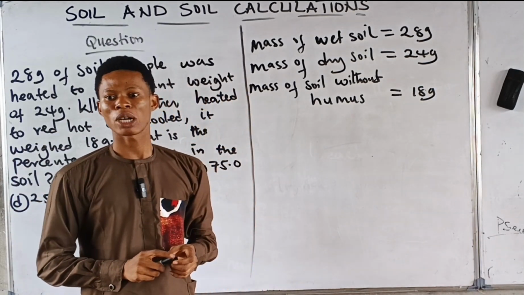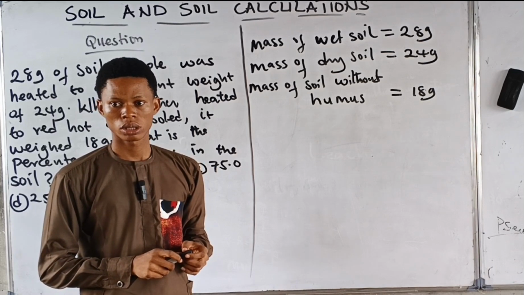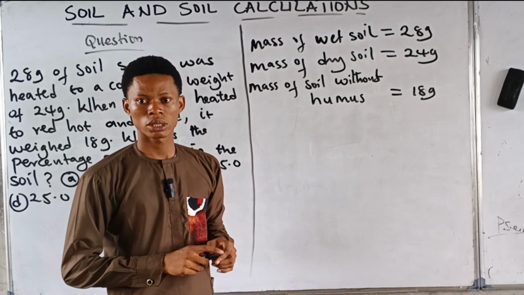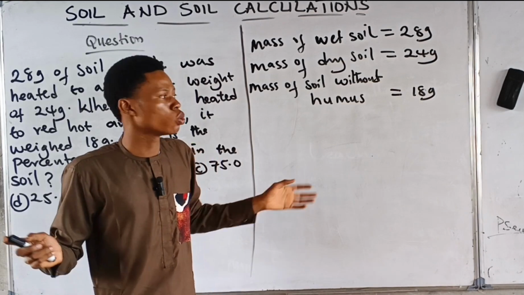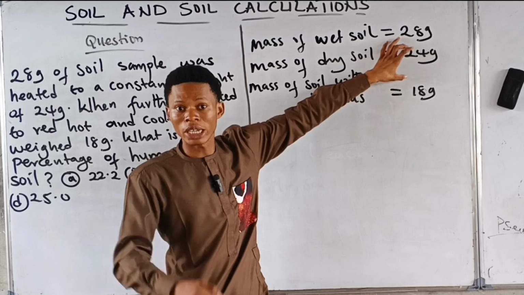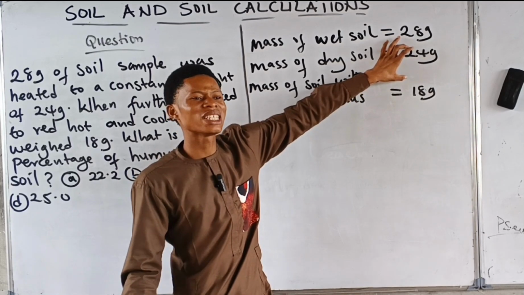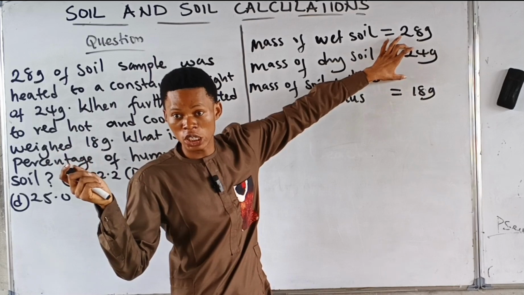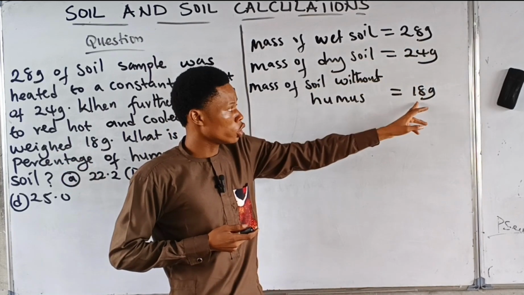But wait, what's the mass of humus in the soil? 6 grams. How do you get the 6 grams? This is a dry soil. This soil contains, we've removed water, right? But there's still humus. Now you heated it until humus finished. So now you get this.